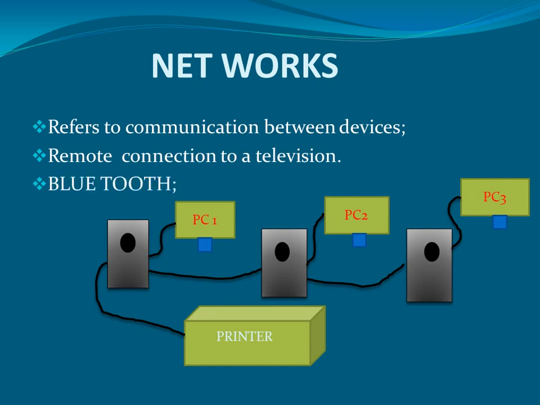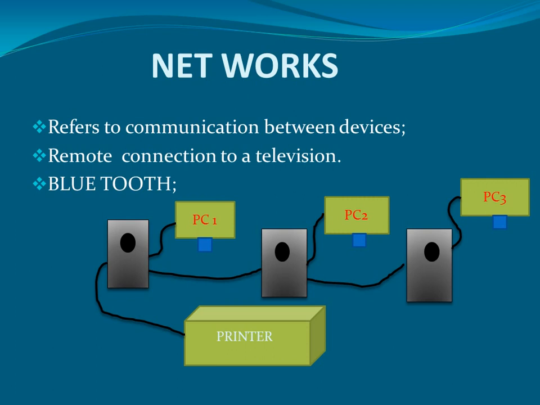Bluetooth, where you connect your TV or your radio to a speaker, you connect your phone to a radio via Bluetooth. That is also another form of communication. So the interconnectivity where machine 1 will be able to see machine 2, that is a network.